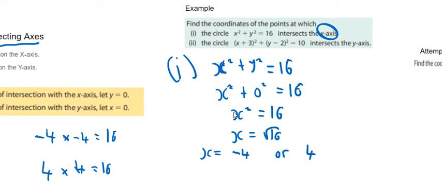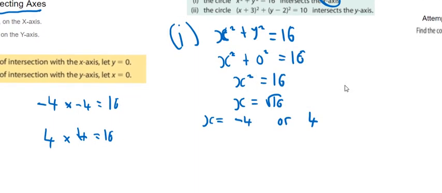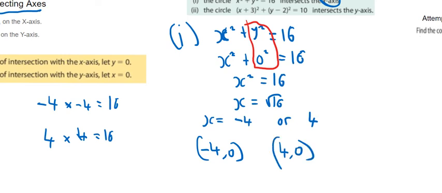Because I let y be 0 at the top here, my two points will be -4, 0 and 4, 0.